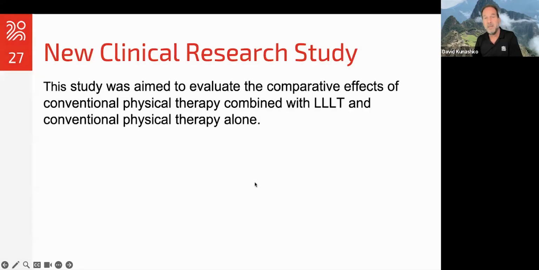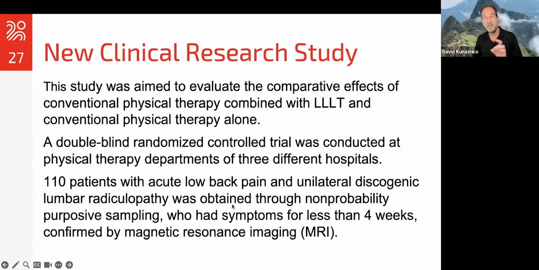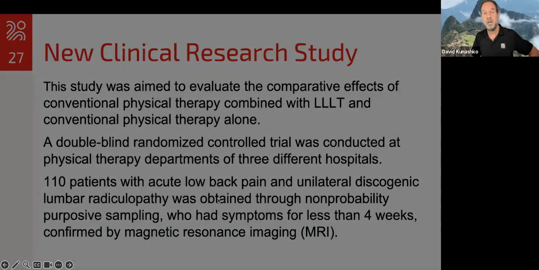So this study aimed to evaluate the comparative effects of conventional physical therapy combined with LLLT and conventional physical therapy alone. It was a double-blinded trial, and it was at 3 different hospitals. They looked at 110 patients. They all had unilateral discogenic lumbar radiculopathy, and the sample was obtained through non-probability purposive sampling, with symptoms for less than 4 weeks, confirmed by MRI.